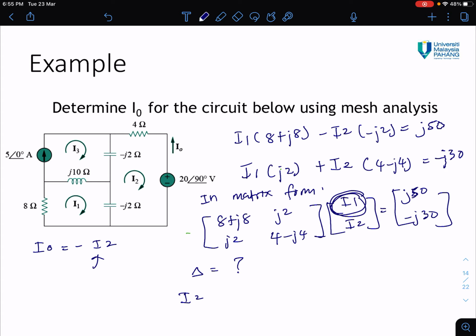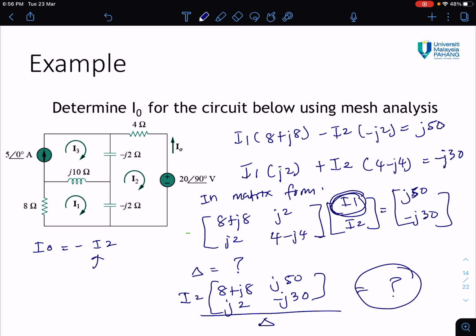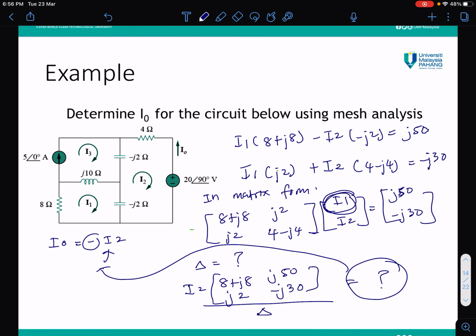I2 basically is 8 plus j8, and then j2, and then j50, and minus j30, and then divide everything by the determinant. You know the answer. After you know the value, since we have a negative, I believe you can solve these simple equations.